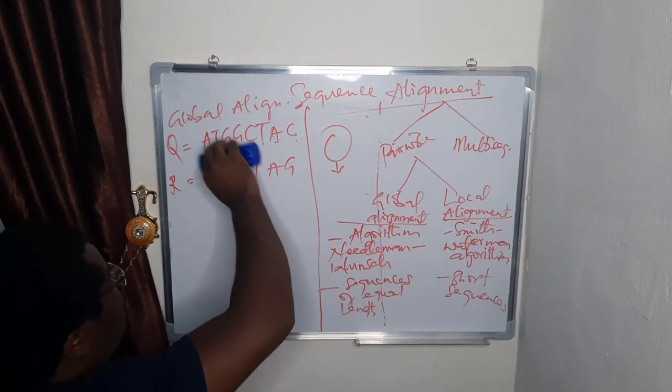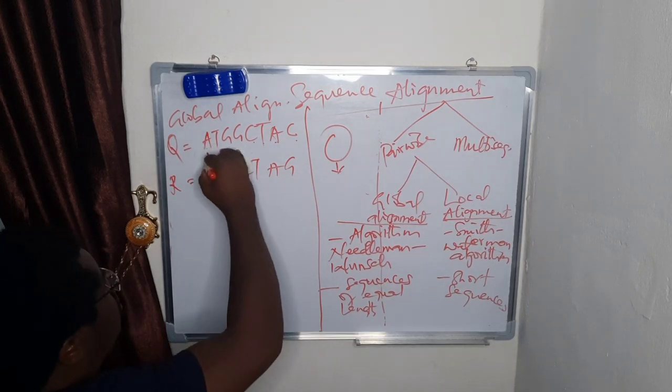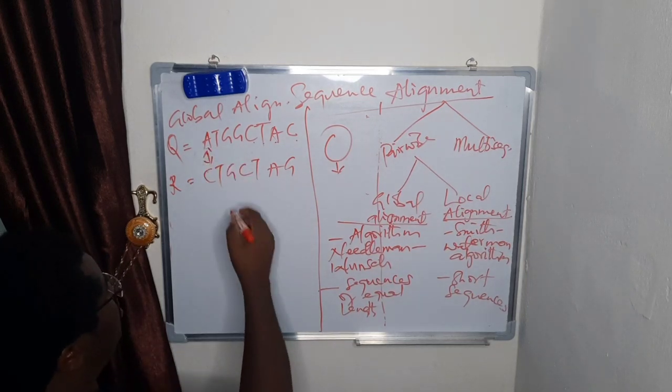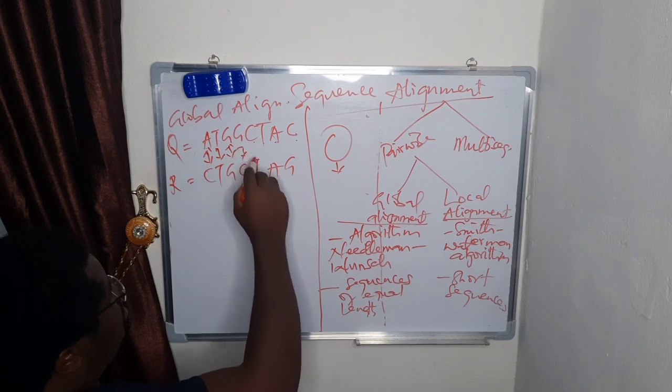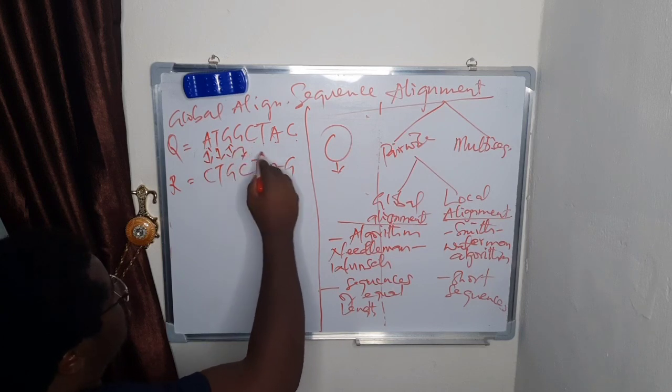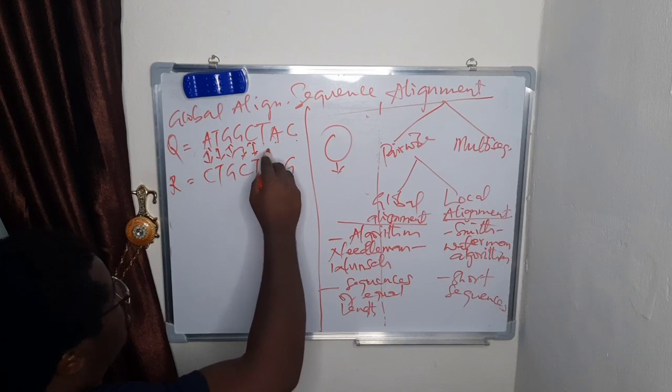I'll use a local alignment to explain further. You see A to C, no alignment. T to T, there's an alignment. G to G, alignment. G to C, alignment. T to C, no alignment.